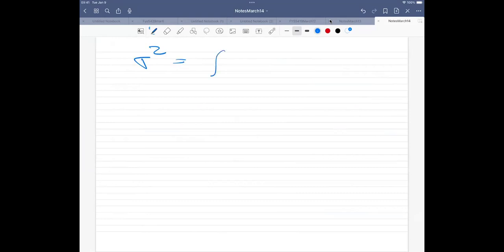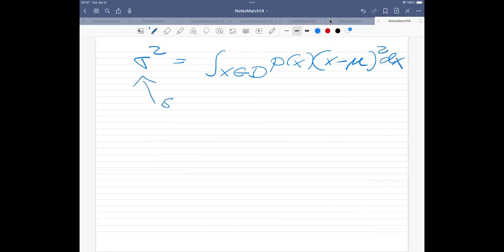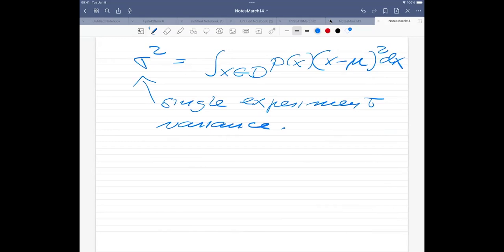This sigma squared is just the variance of a single experiment. So where I have x minus mu squared of d of x. So this is what we call the single experiment variance. And this is the central limit theorem.